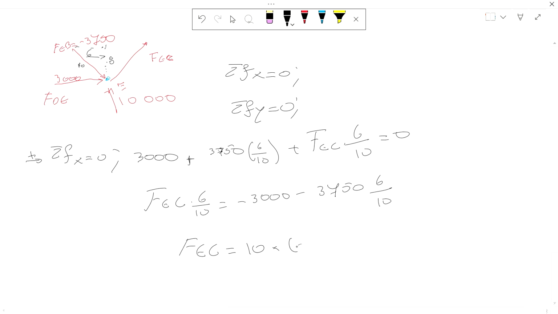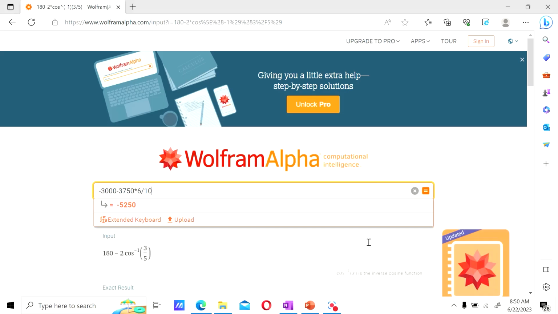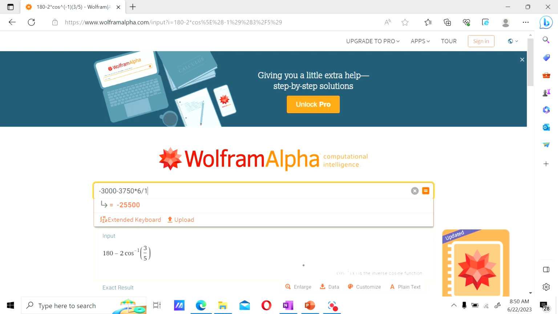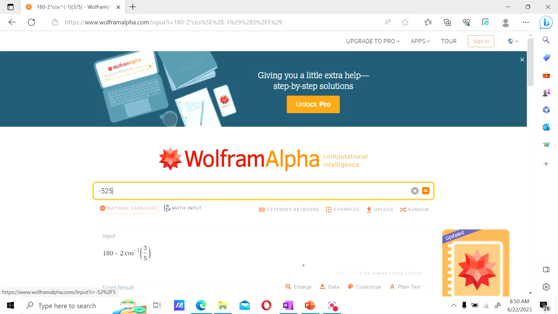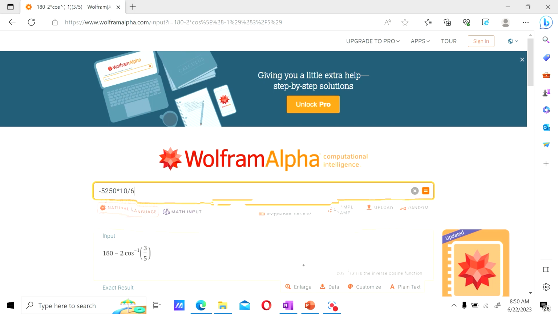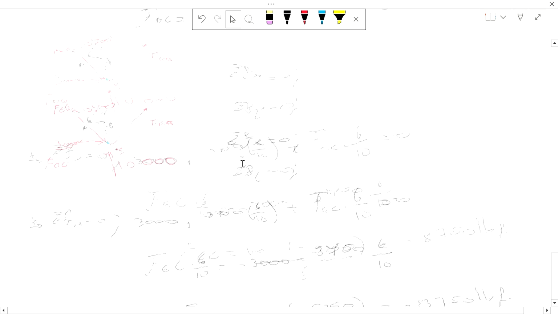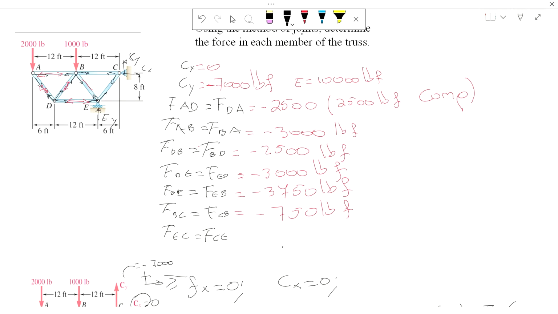Then 10 times negative 5250 divided by 6. So negative 5250 times 10 divided by 6 is negative 8750 pounds of force. So this is equal to negative 8750. So they're telling us basically that everything is in compression, which should not be the case.